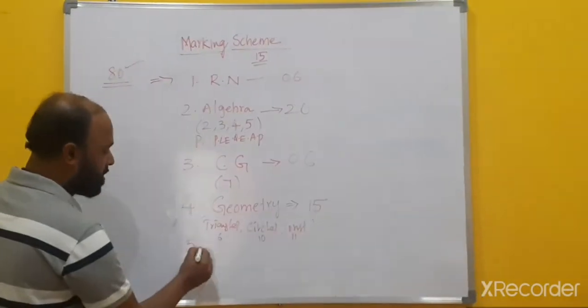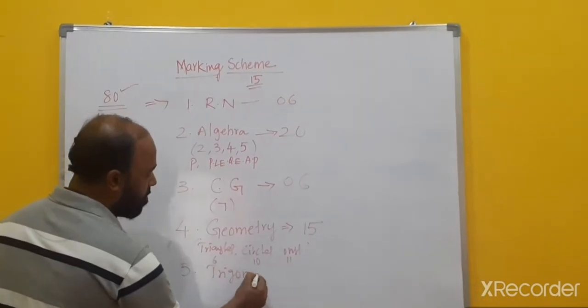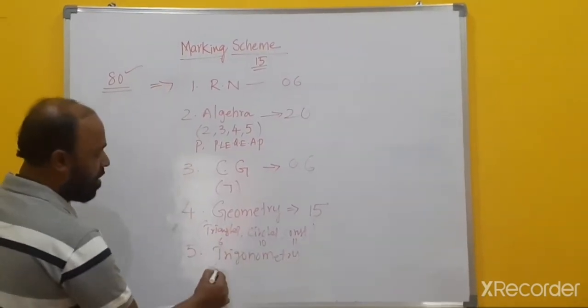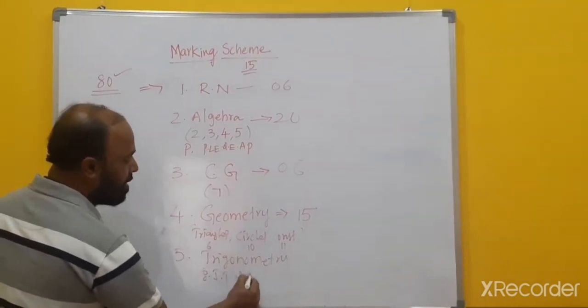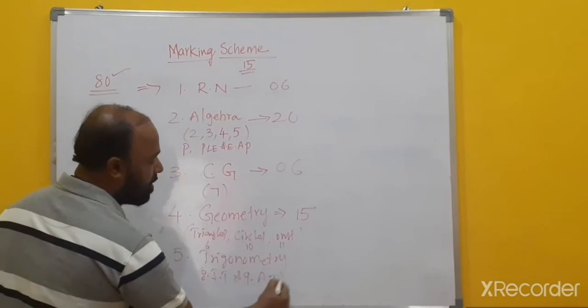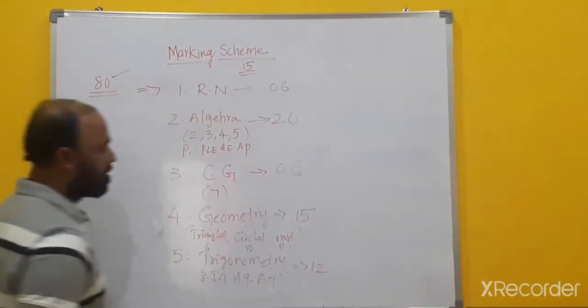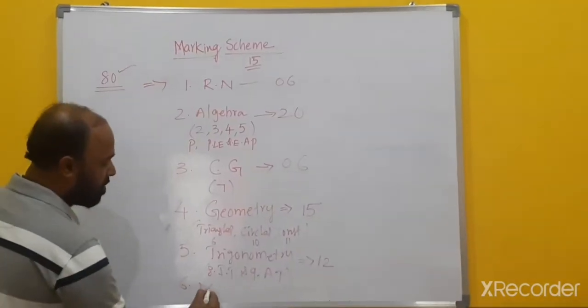And the next one is trigonometry. Here in trigonometry, the 8th chapter is introduction to trigonometry and the 9th chapter is applications of trigonometry. These two together are 12 marks. Next one, mensuration.